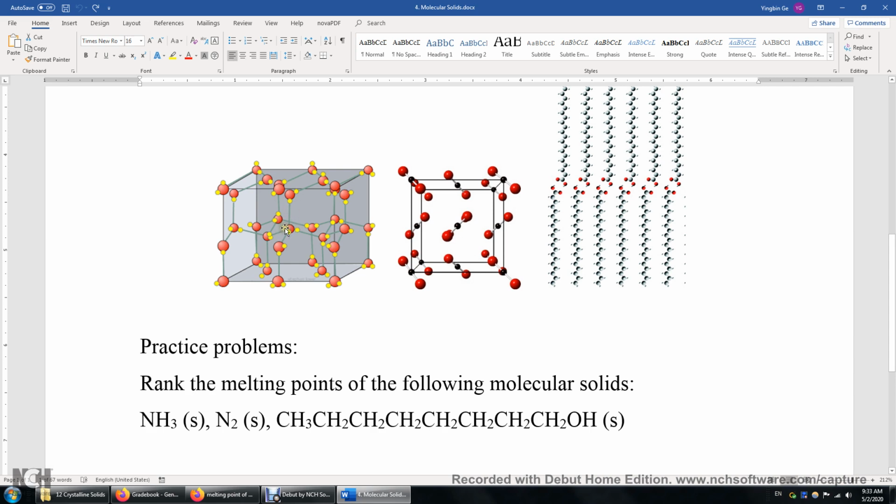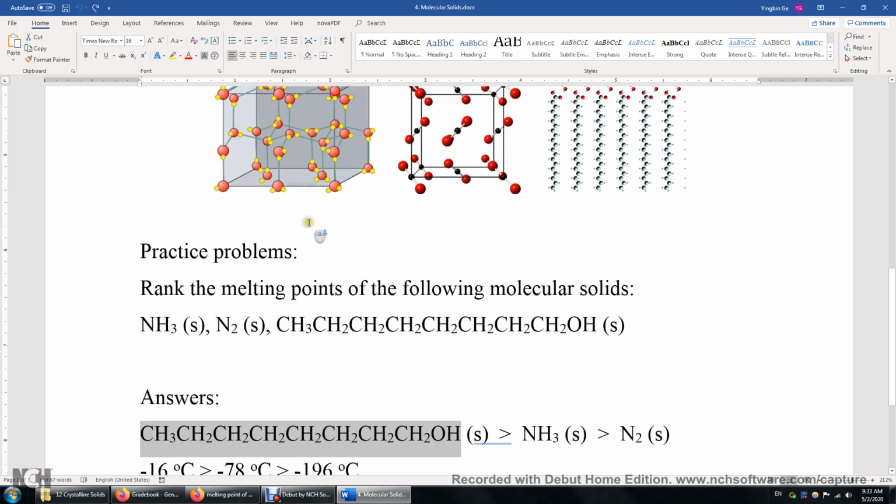So when I counted the number of hydrogen bonds, I counted half of this for this center water molecule and the other half for the other one. So half, half, half, half, a total of 4 hydrogen bonds. If you look at water molecules, each water molecule can form on average 2 hydrogen bonds.